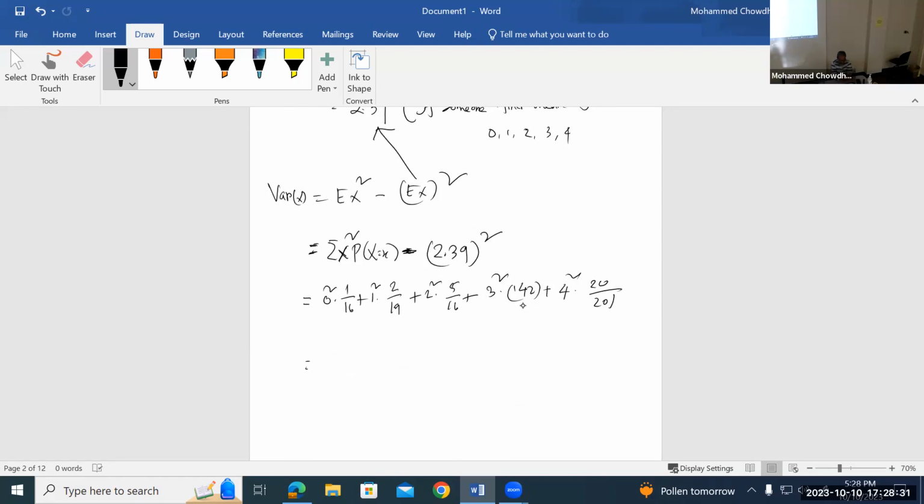Could you tell me what this value is? Minus 2.39 squared. That will be the variance.